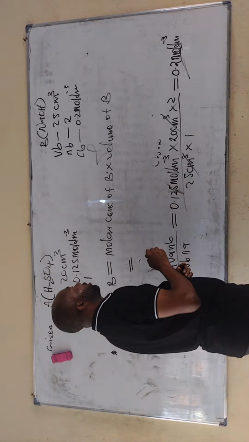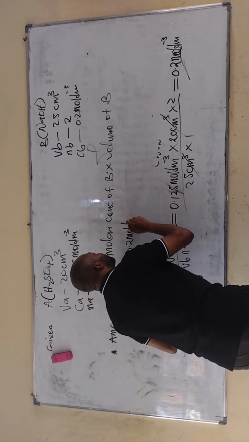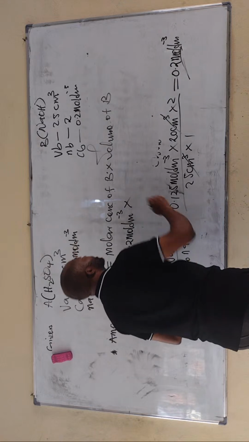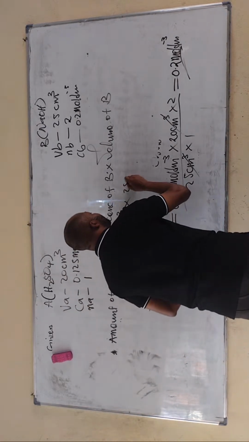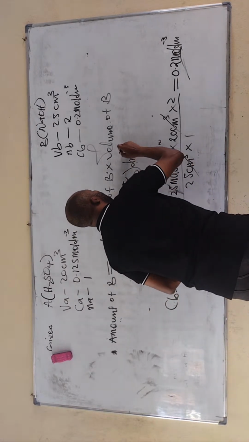We say molar concentration of the base is 0.2 mole per dm cube, times volume of the base, which is 25 over 1000. Put our dm cube outside.